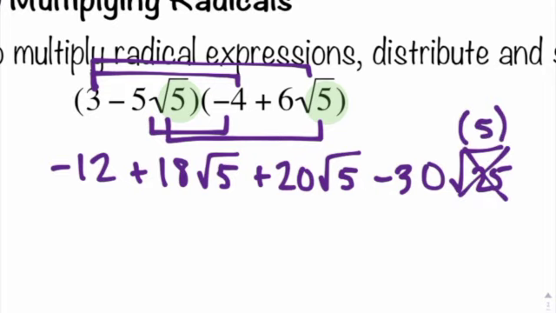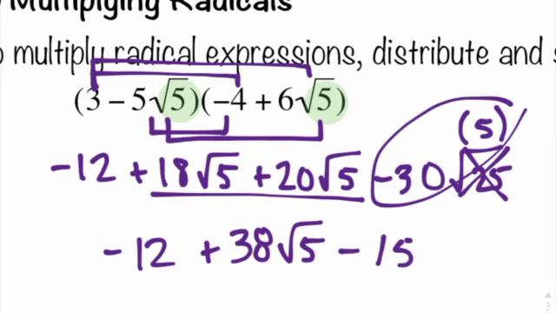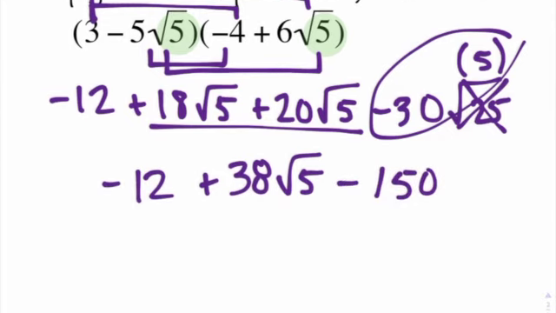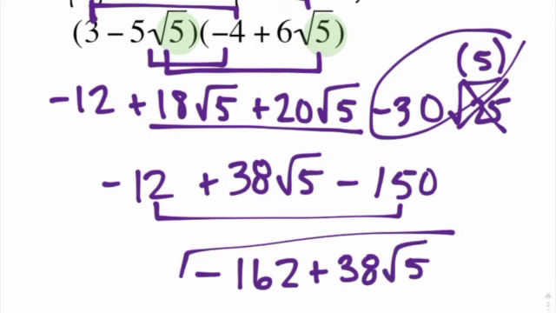So let's combine some like terms here. So I have negative 12. 18 plus 20 is 38 radical 5. And then I have this negative 30 times 5, which is negative 150. And then I can combine these to be negative 162 plus 38 radical 5.